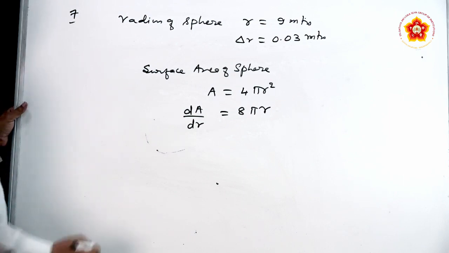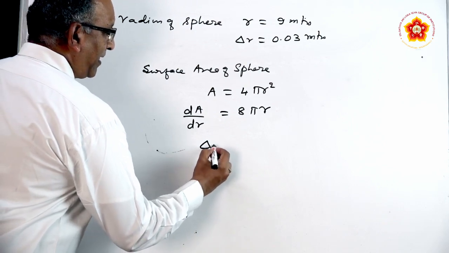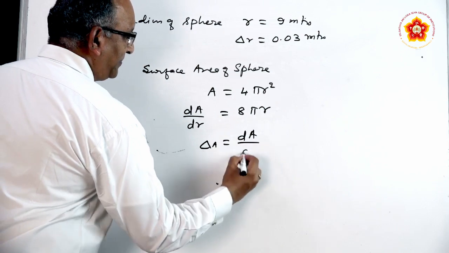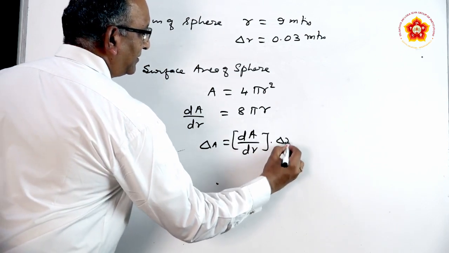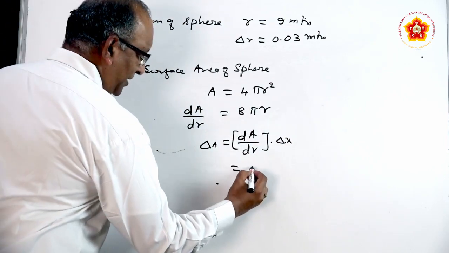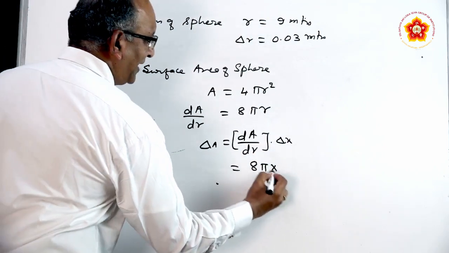How do you find out delta A? Delta A is equal to dA by dr into delta r. How much is dA by dr? 8 pi r. Substitute the value of r. R is how much? 9 meters.